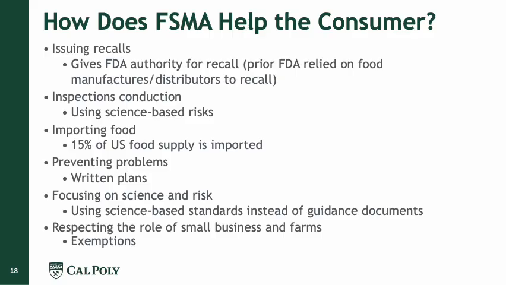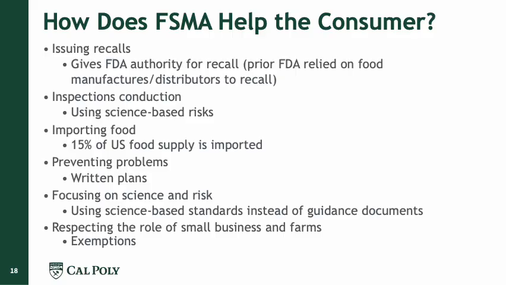Also, the inspections are conducted using science-based risks, and it is important for the US because 15% of its food supply is imported. So all the countries or manufacturers around the world that want to export to the US have to follow these regulations.